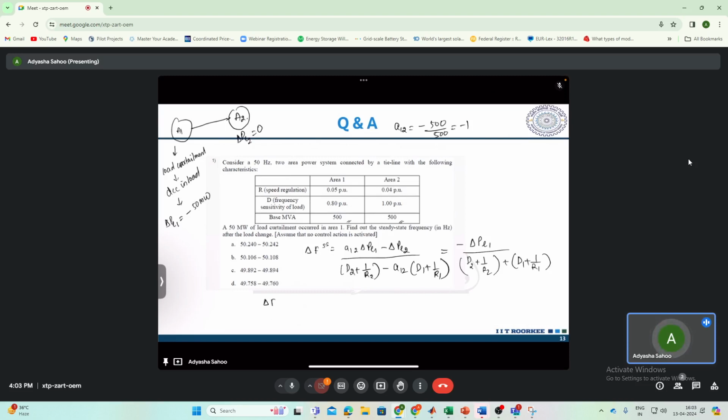So if I put the values, minus of minus 50 divided by your, all are in per unit, so you can add all these. 0.8, 1, R is 1 by 0.05 plus 1 by 0.04.